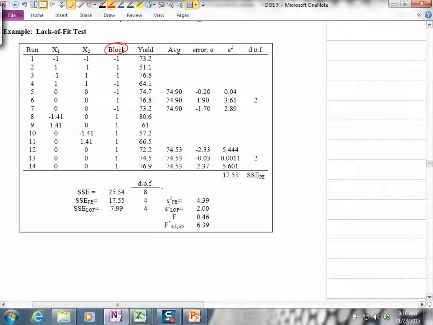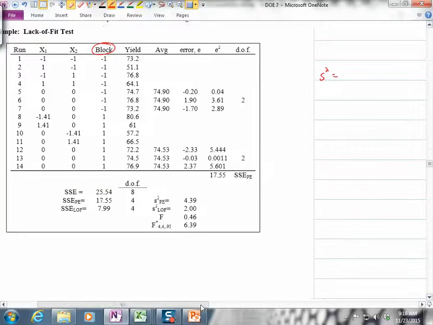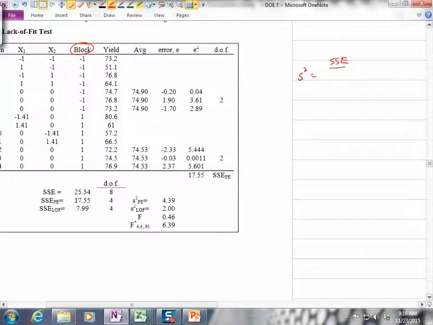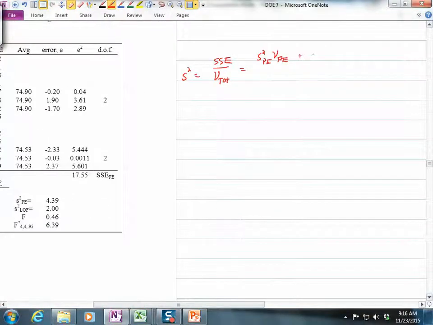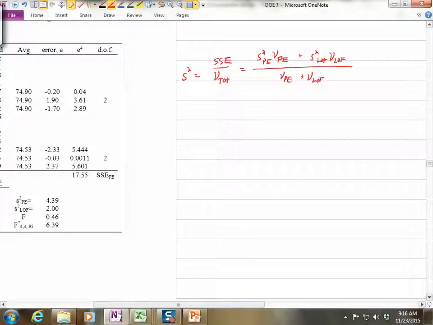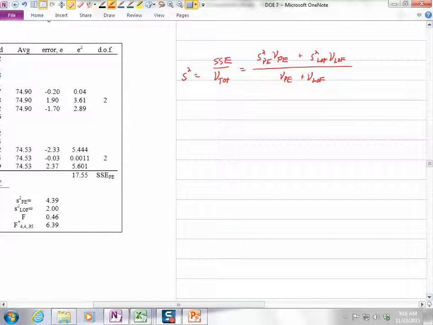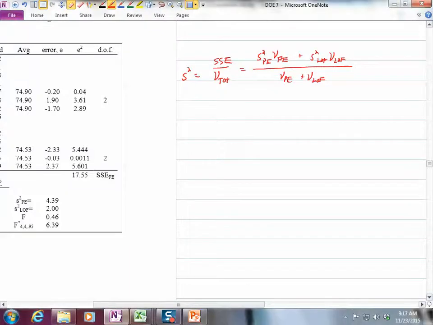Okay, so let's look at this. So if we think of this thing as the pooled variance between replicates and lack of fit, and we have from our regression already, we've got 25.54 divided by 8, so it's sort of given to us.